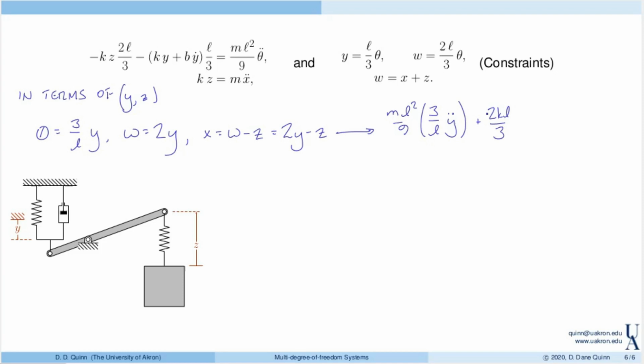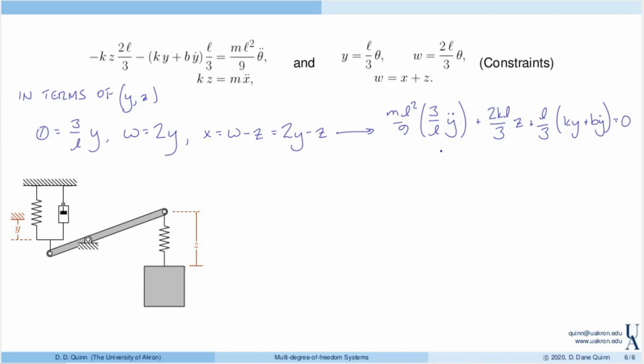Right, so I'm going to look at this term next, times z, and then plus L over 3 times ky plus by dot equals 0.